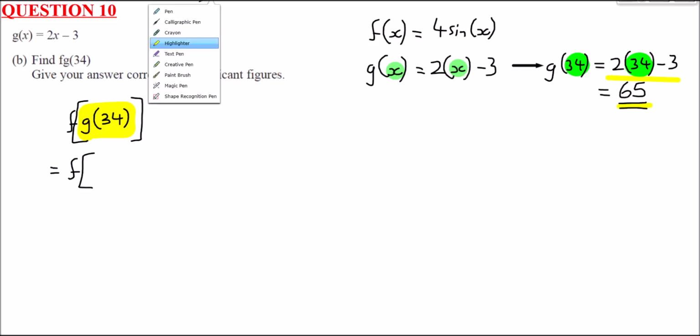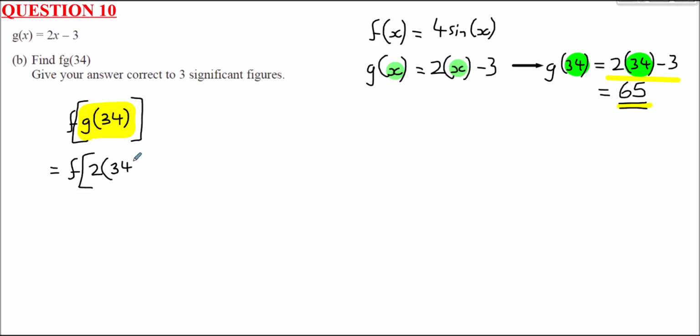So showing it step by step to the examiner, it's f of g of 34, which is 2 lots of 34 minus 3. And like we have seen before, that equals 65. So we do f of 65.